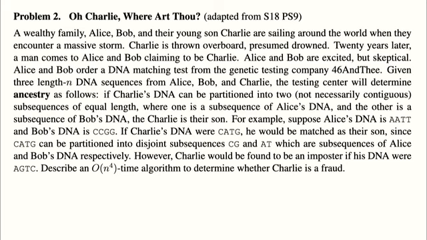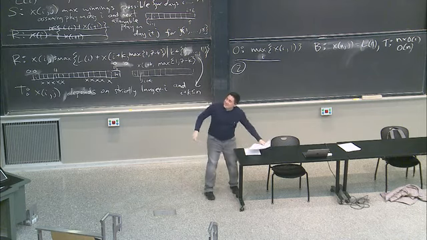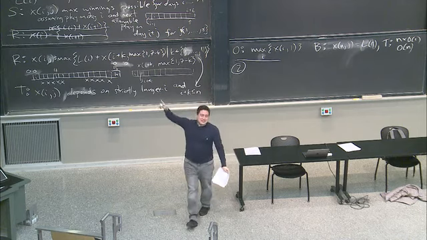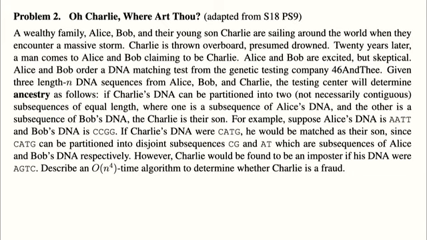Right? So it's easy to see that he's an imposter with these strings, but you can imagine with longer strings this could be difficult to solve. So we want an n to the 4th time algorithm to determine whether Charlie is a fraud. Okay. So I actually shortened this last night. This was like twice as long on the problem set, so yeah, anyway.